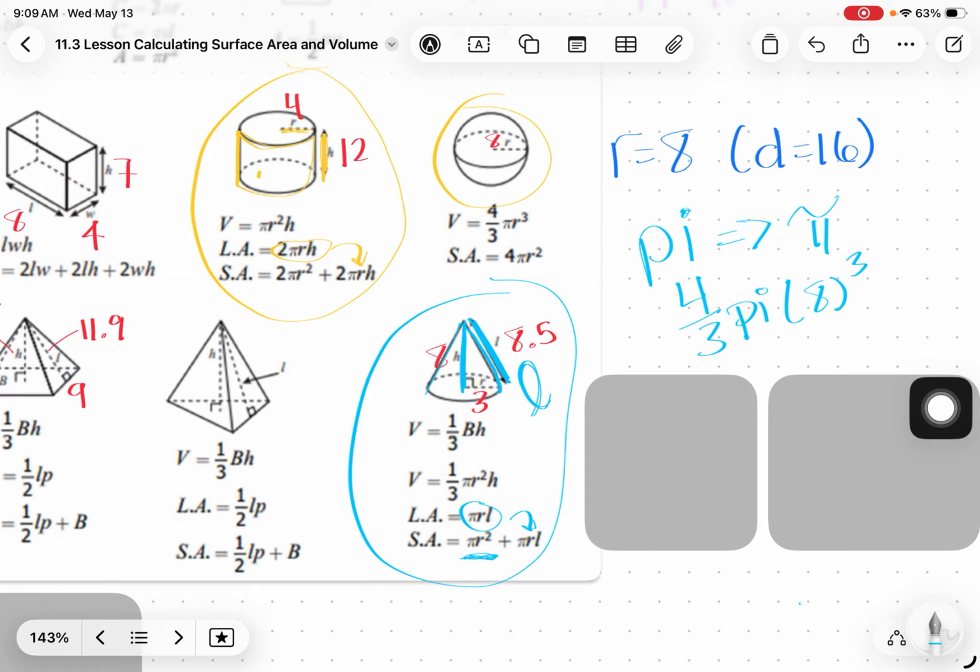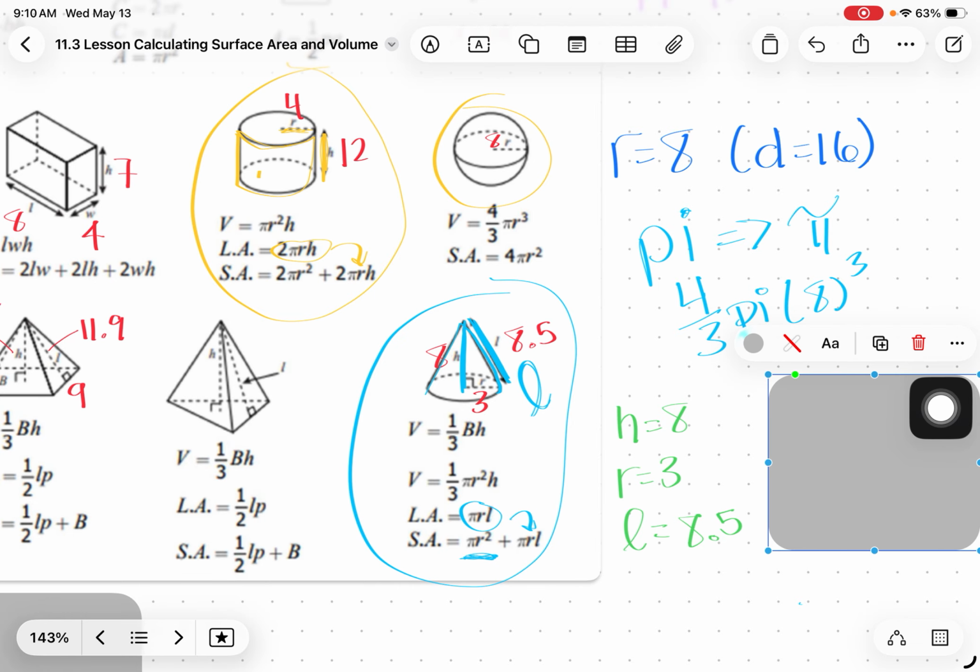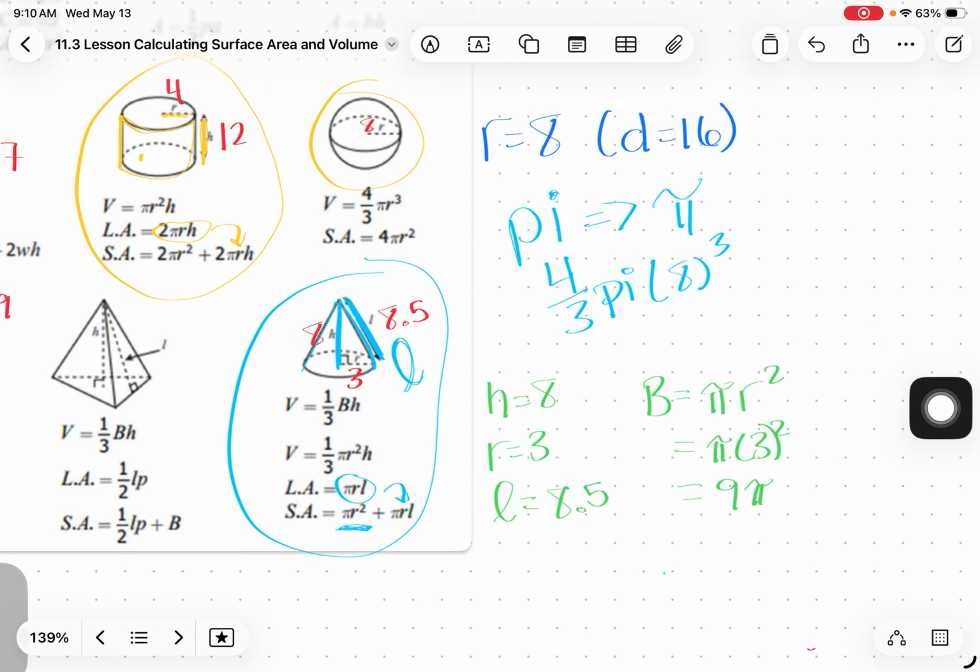Another letter here that we're introducing is capital B. I sometimes refer to it as big B. That is the area of the base. So capital B is the area of the base, and that's for any of these where you see capital B. You can see it to the left in the triangular pyramid.